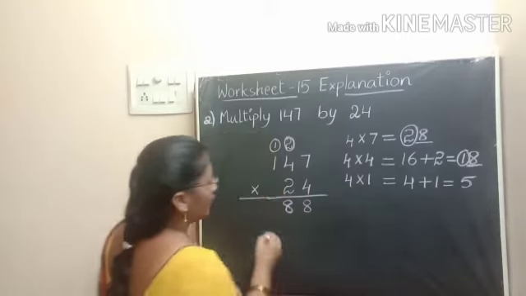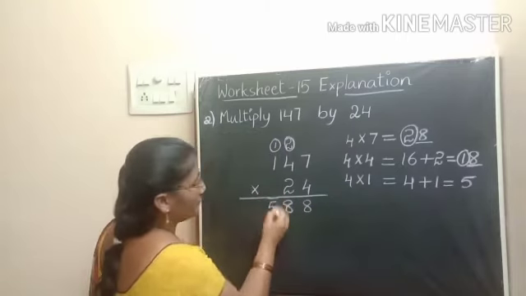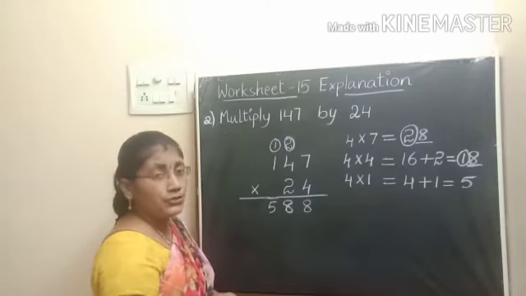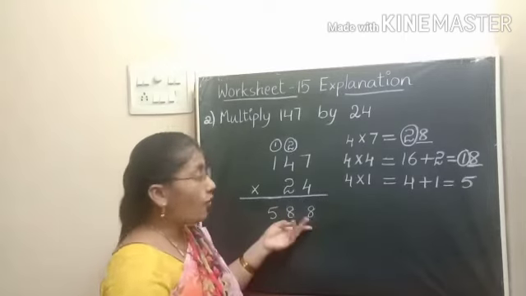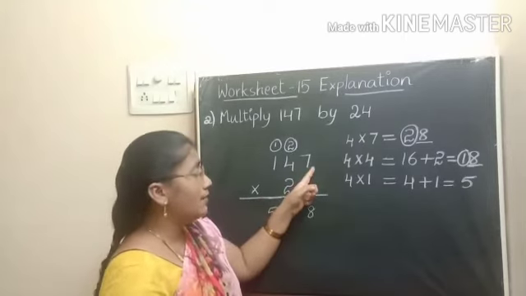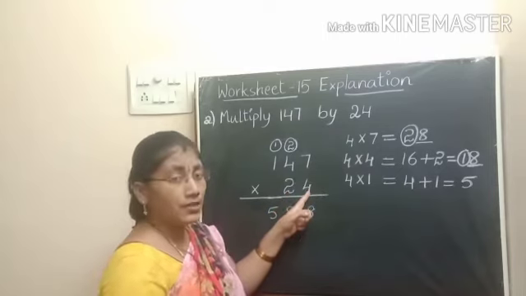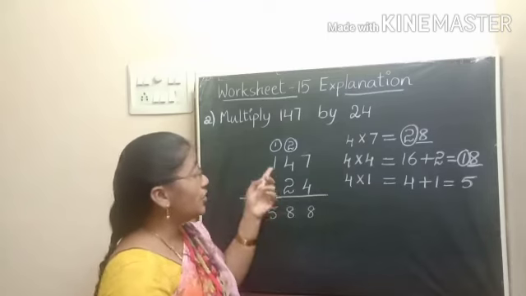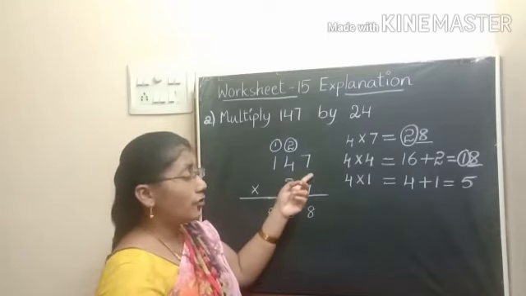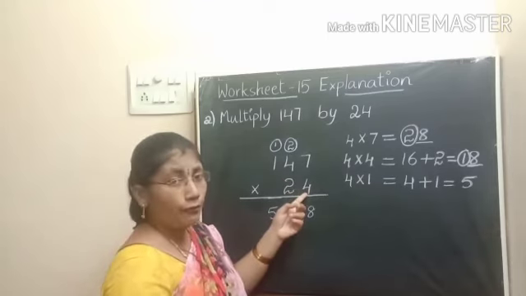Now we should write 5 here. Now, this is the result of 147 into 4. Understood, children? This first line belongs to multiplication of 147 by 4.